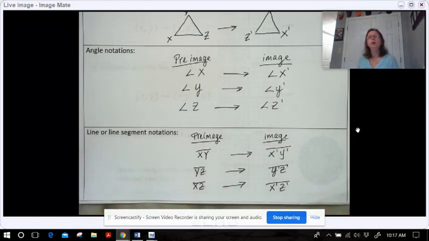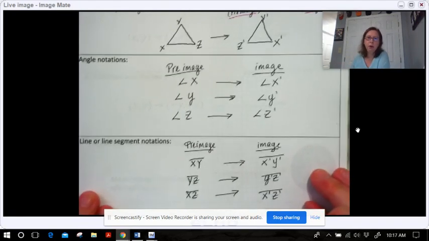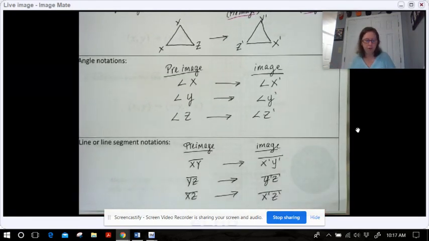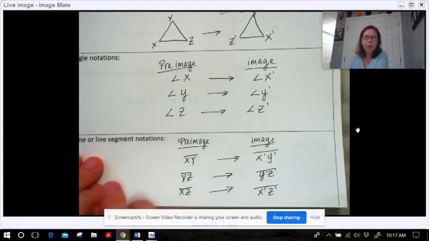And there it is. So we have just shown all the notations for the reflection of triangle XYZ and all the individual parts. Okay. All right. I am going to go ahead and go on to page 2.